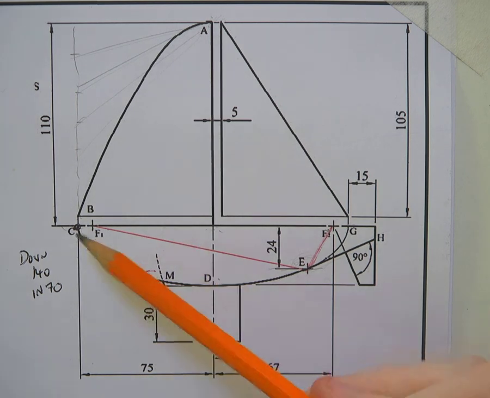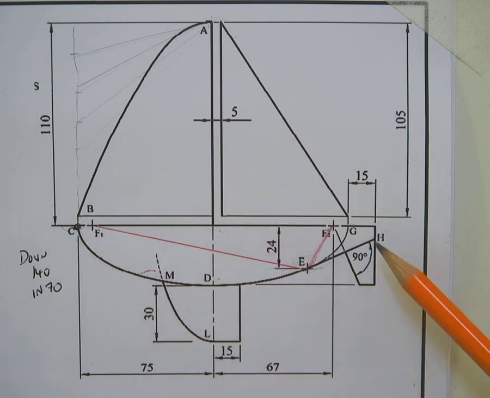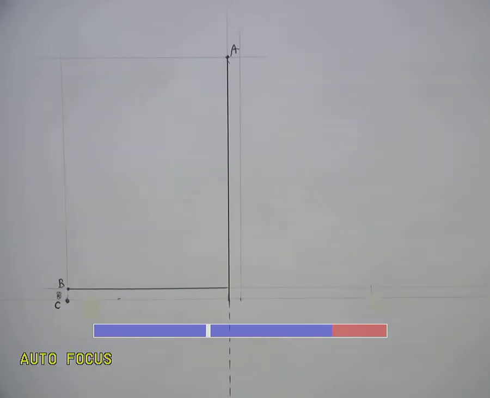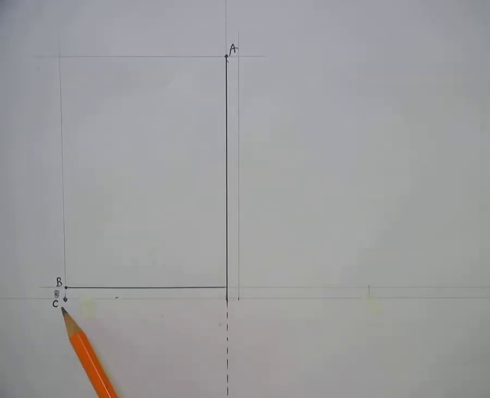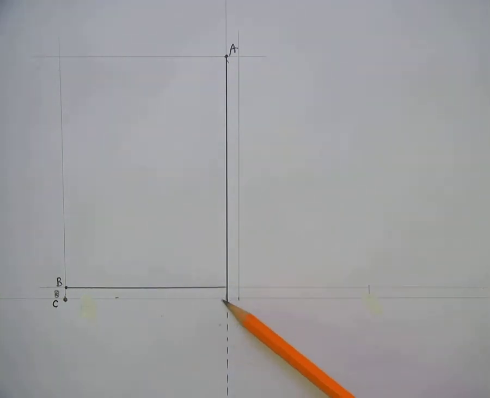Okay, so to start this question, for this point here, it's down 140 and in 70. I'm going to draw a light line. Now I have it partially started here, and I'm just going to zoom out a small touch. I have C here, light line. I've measured up 110 and across. That distance there is 75. B is up 5.